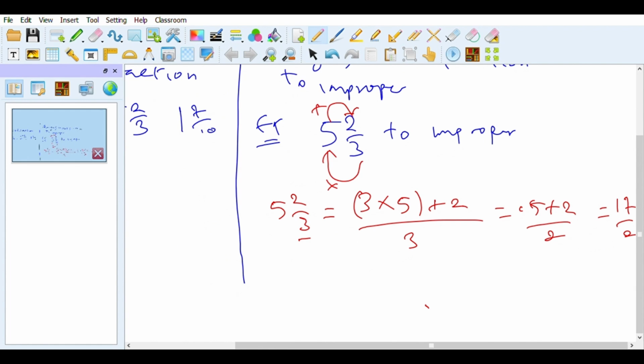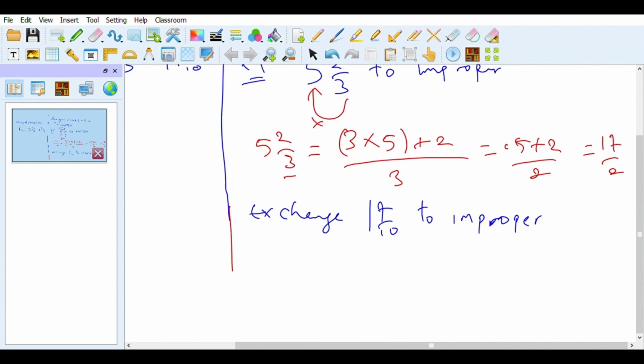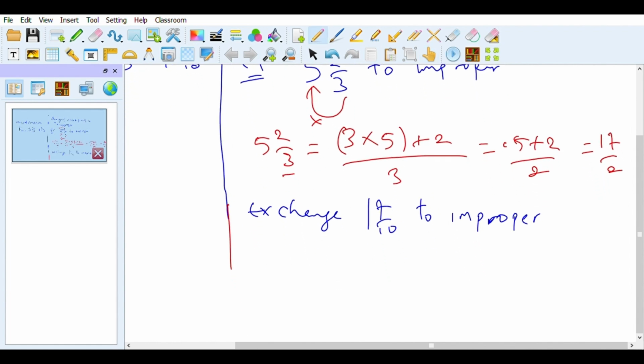Let's take another example. Change 1 whole number 7 over 10 to an improper fraction. Just like we mentioned, we have 1 whole number 7 over 10.